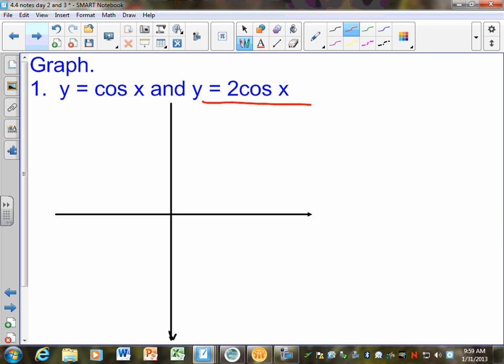So I wrote we could graph both of these. Cosine of x is the same one we did. So you should be able to do that pretty quickly. I'm just going to make my graph here. 2 pi, pi, pi halves, 3 pi halves.